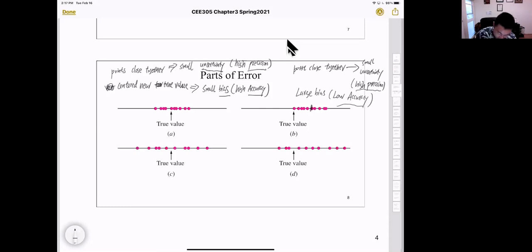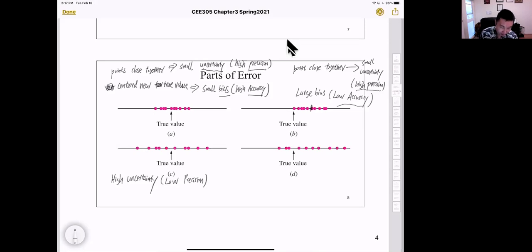And then look at case C. In case C, the spread is big, much bigger than A and B. So we see that it has high uncertainty, or low precision.